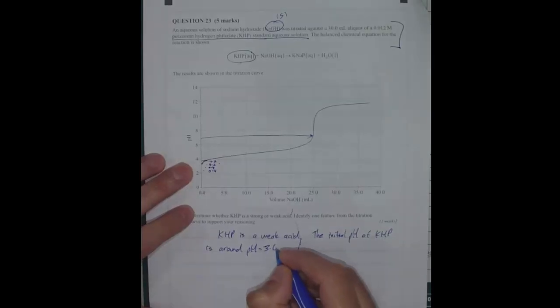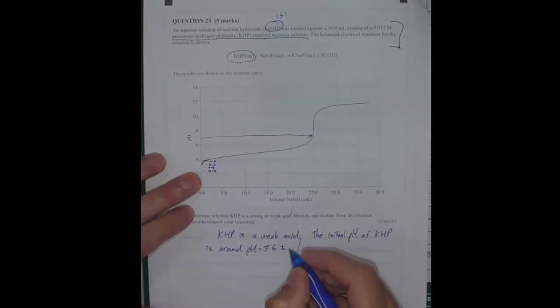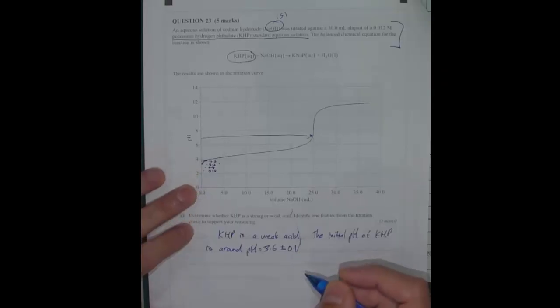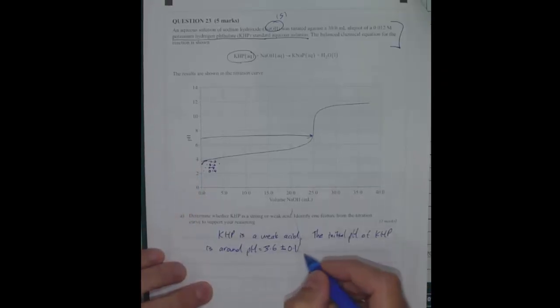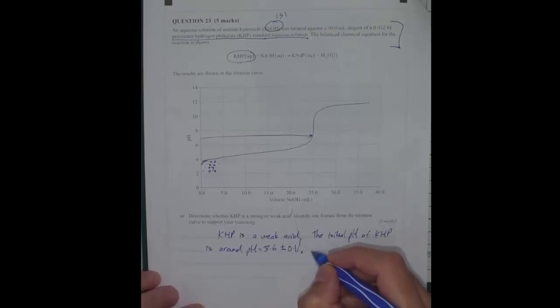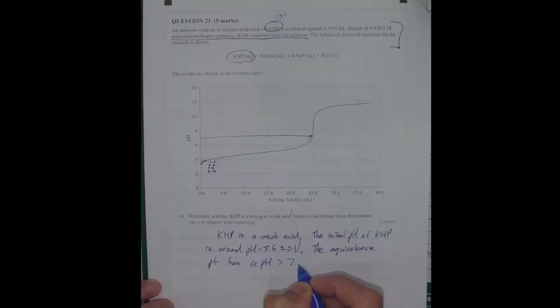It's around 3.6, plus minus half the smallest increment. It's around pH 4, but I'll put it in there. The equivalence point, this is the second point, has a pH of greater than 7. I put also, so they know that's another reason. And that would be a 10-mark question to explain that.